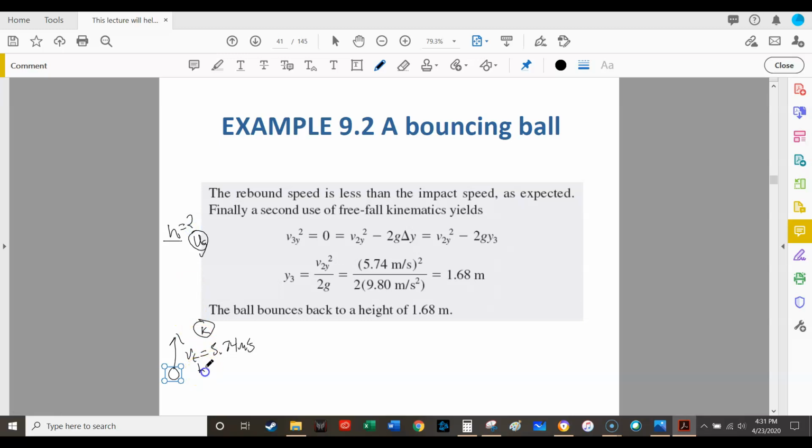So here it's got a height of 0. So now we have a kinetic energy, which is 1/2 mv final squared, and that's 5.74, which is equal to mgh, right? This equals this, that's conservation of energy. And the masses cancel out. We'll divide both sides by g, and this is what you get, over 2g, and that's our h, and that is what they're having here, and it works out to be 2.68 meters, right?